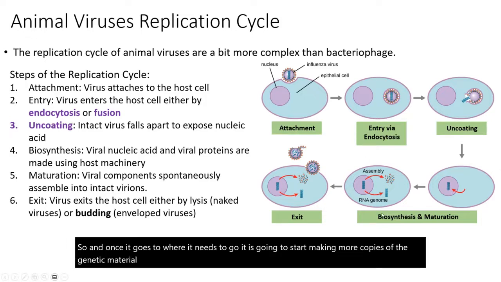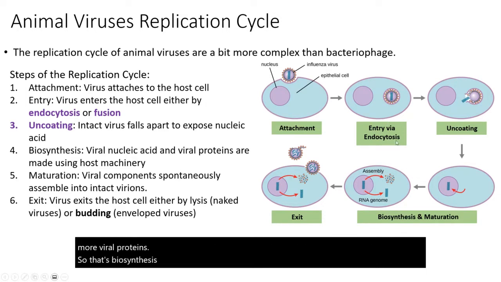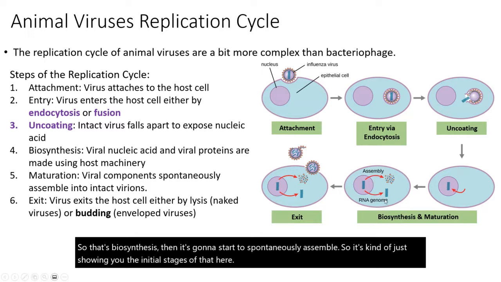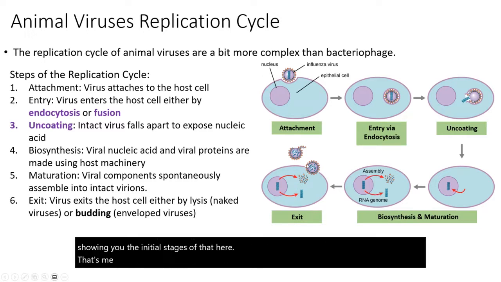It's also going to start doing translation and things like that to make more viral proteins. So that's biosynthesis. Then it's going to start to spontaneously assemble. So it's showing you the initial stages of that here. That's maturation.